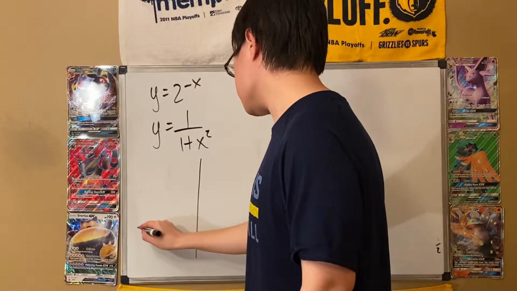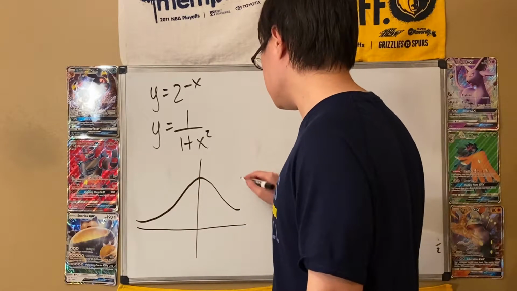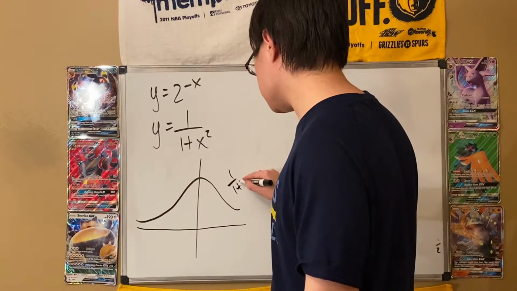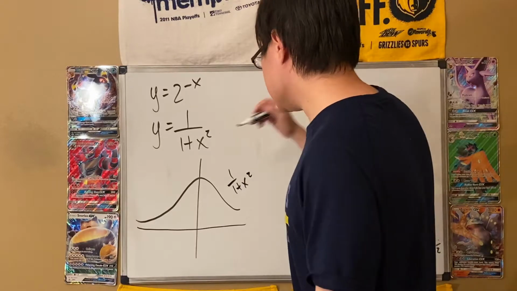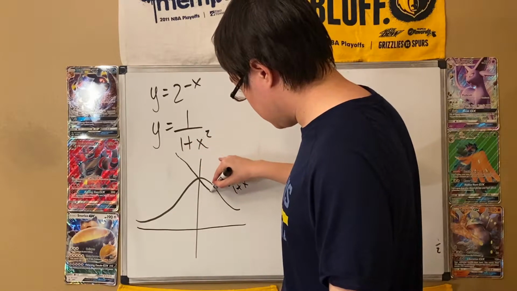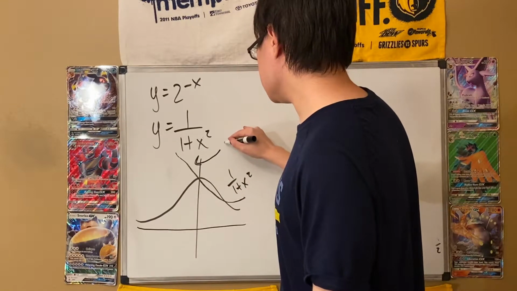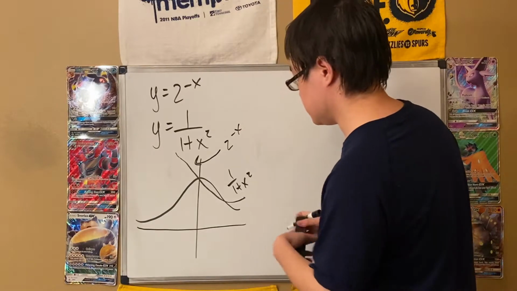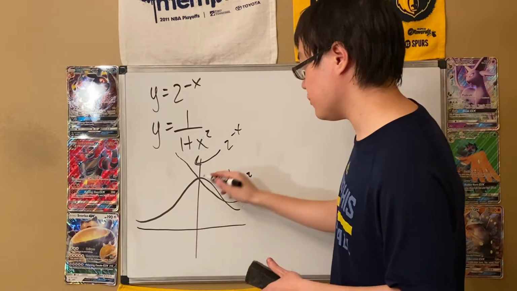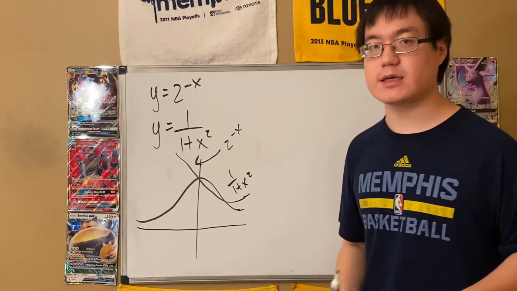I believe this picture looks like this. 1 over 1 plus x squared, I think, looks like this, maybe. So this is going to be 1 over 1 plus x squared. And then 2 to the minus x comes in like this. I don't know if I can draw a good picture. It goes like that. So the somewhat parabola-looking thing is 1 over 1 plus x squared. And then 2 to the minus x is this thing.